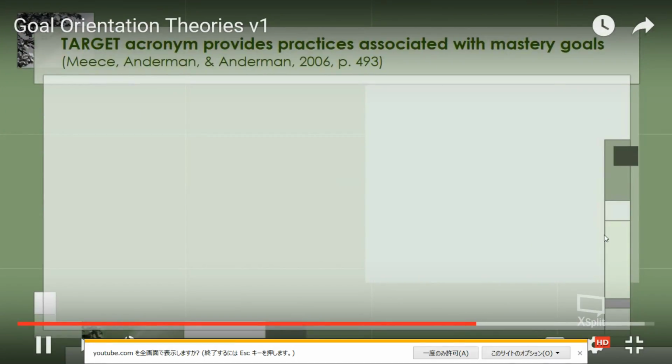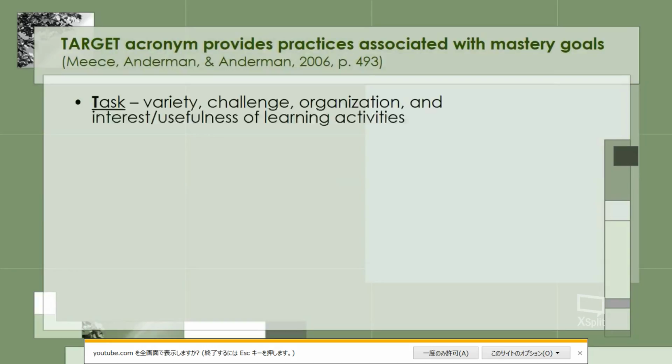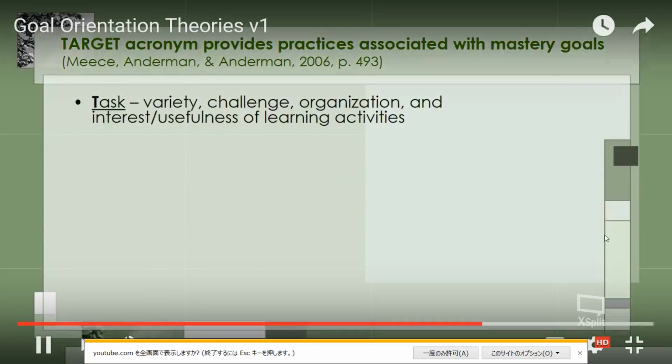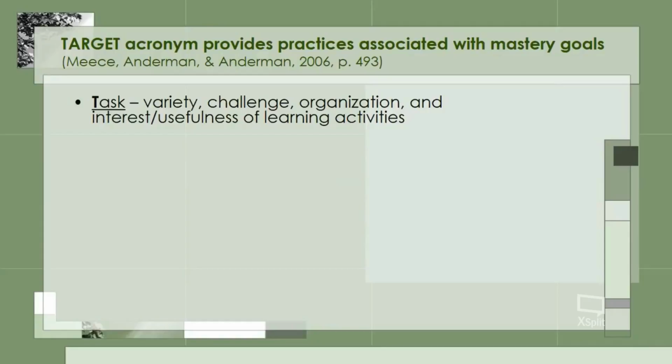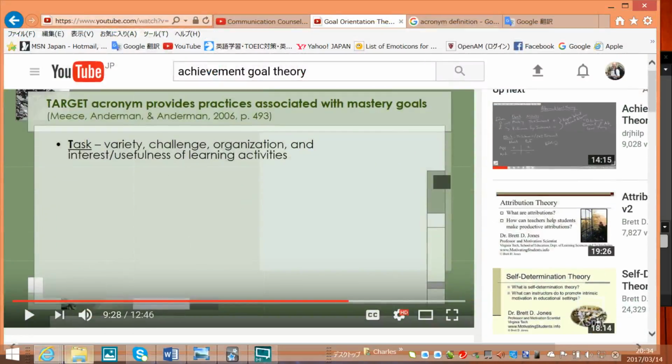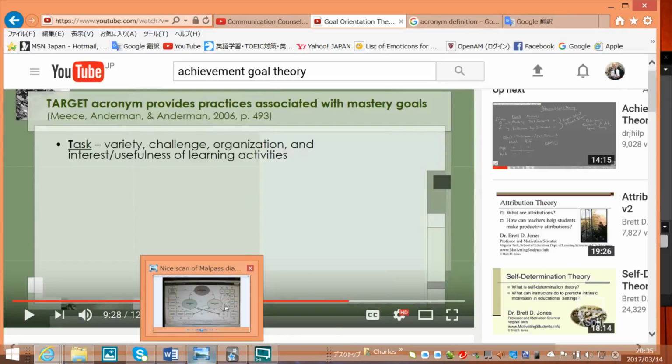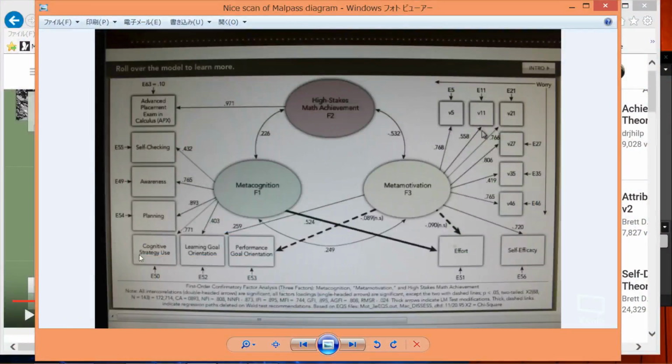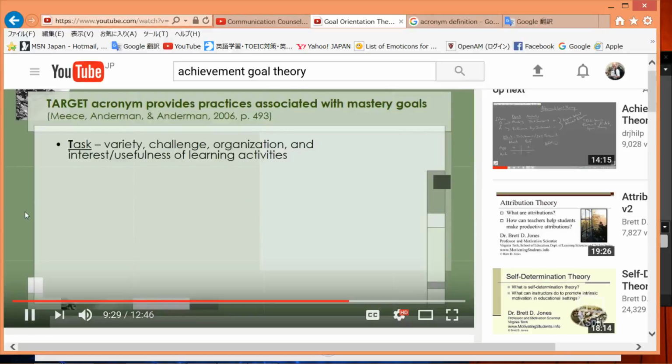Practices that have been associated with promoting mastery goals. The T stands for task and relates to the design of the learning activities. I won't go into a lot of explanation here, but briefly, the learning activities should include variety and challenge, be organized, and be perceived as interesting and useful.